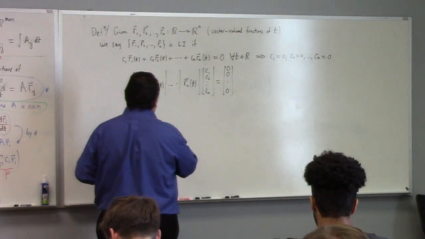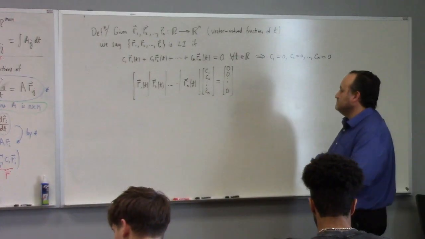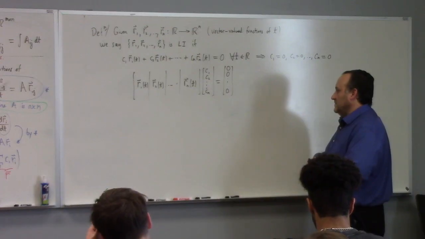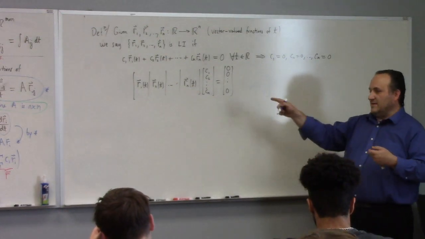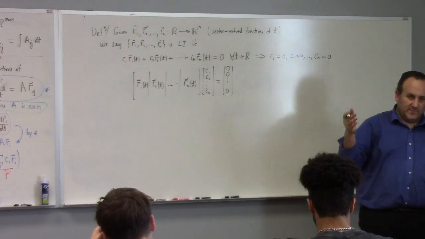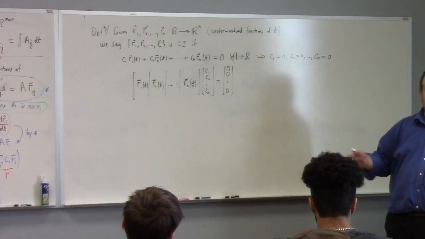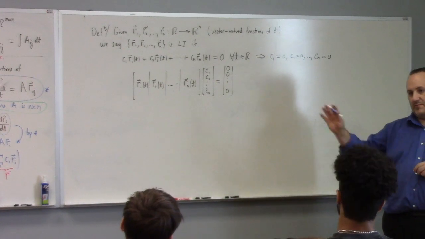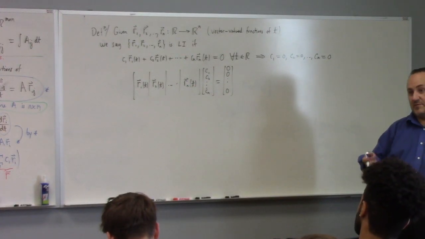Basically, if there exists a time such that that is an invertible matrix, then we can plug in that time and solve for the constants. The constants can't depend on time. So if one particular time in that matrix I wrote down is invertible, then that's enough.